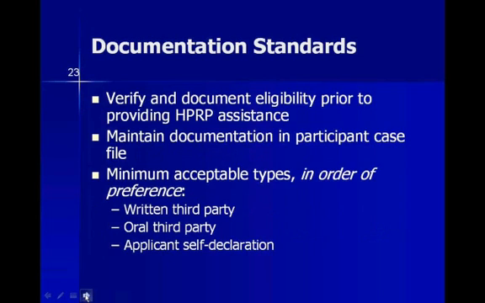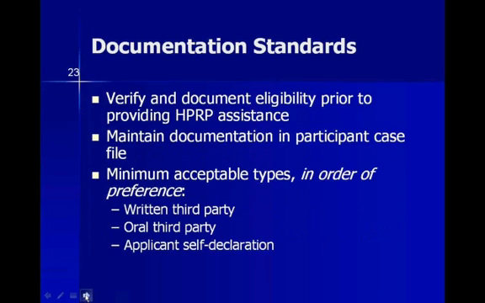First of all, we want to stress that it really is the responsibility of each grantee and subgrantee to ensure that appropriate and complete documentation is included in each participant's case file.